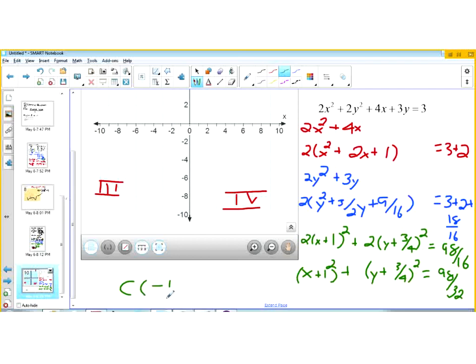So what is the center of our circle? The center would be (-1, -3/4). And the radius would be equal to the square root of 98/32, which is equal to 7/4.